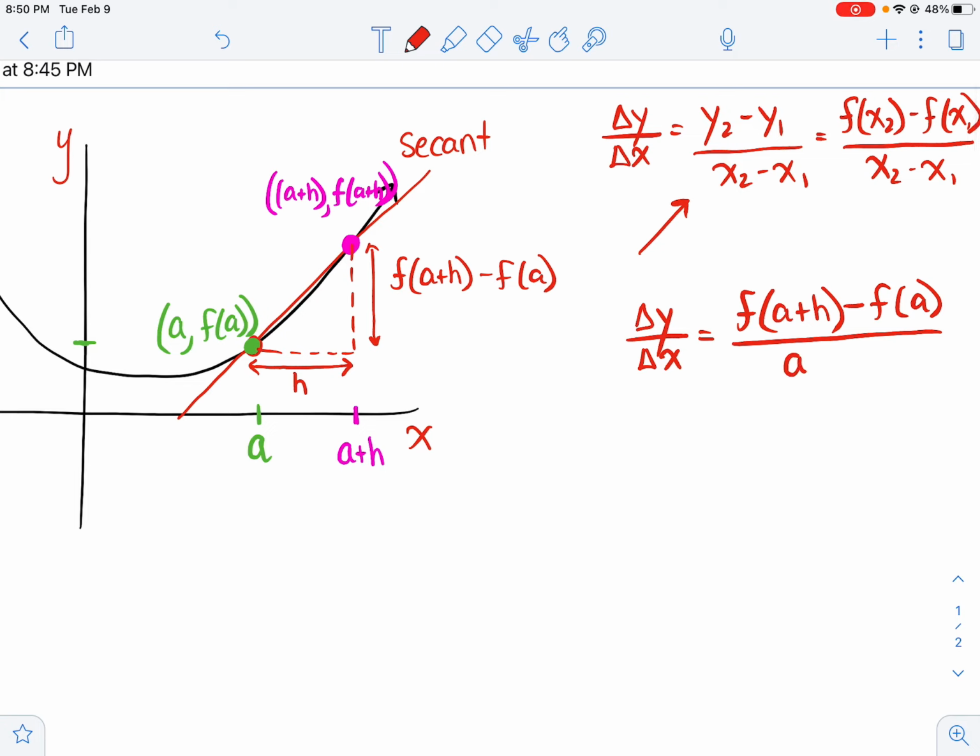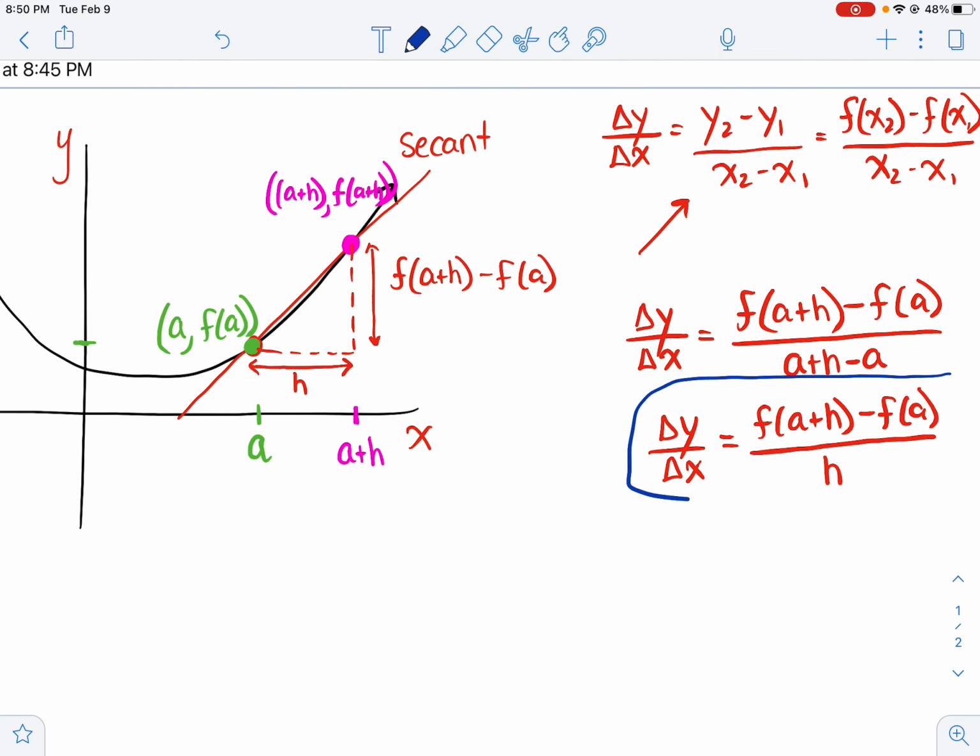So it would be divided by A plus H minus A, because I'm subtracting my x values, which is going to simplify to just an H on the bottom. And we call this the difference quotient. And it's used to find the slope of the secant. And we can use it to estimate the instantaneous rate of change at a point. So this is called the difference quotient.